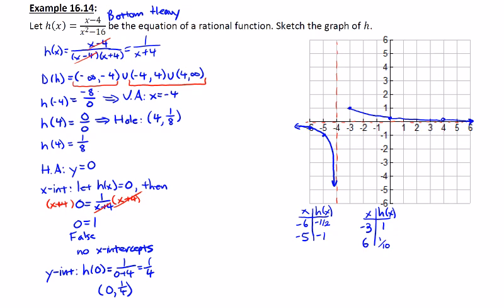I'm either going to curve down, or it's just going to continue on its trend, and it's going to end up going up. Now, we said that we didn't have any x-intercepts. So if there's no x-intercepts, then it's not going to be possible to have the version where it goes down. So it's going to have to approach positive infinity on the right side of that vertical asymptote, and then this gets us the complete graph for h.